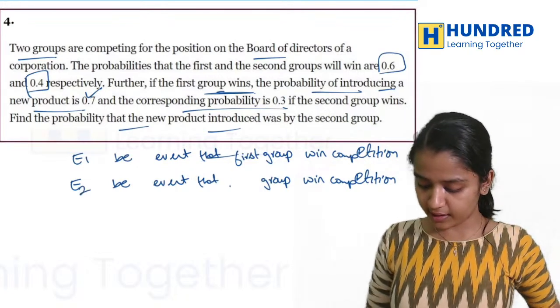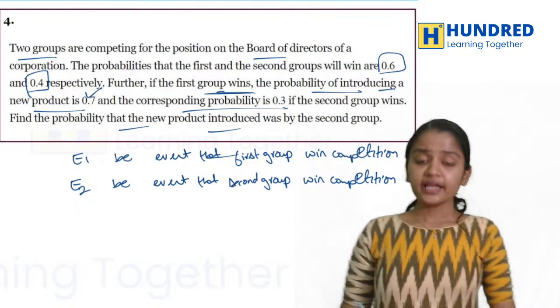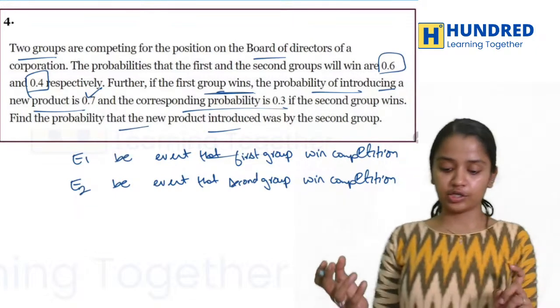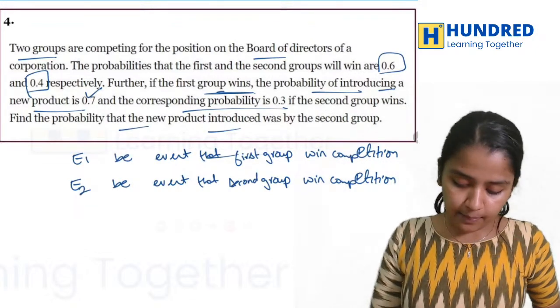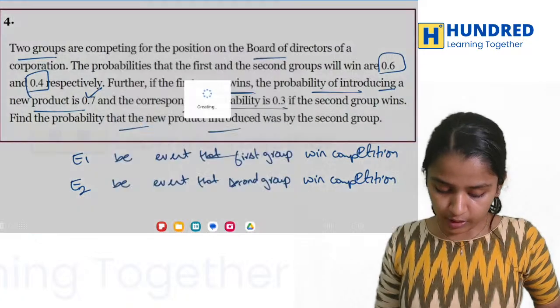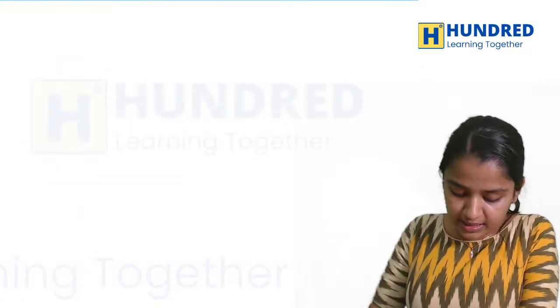E2 will be second group wins the competition. Okay, now what happens? E1 and E2 have been given to us, so now what is A?